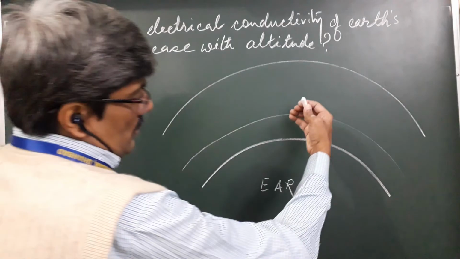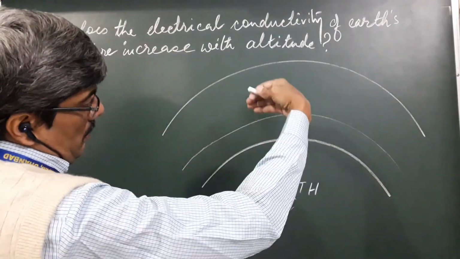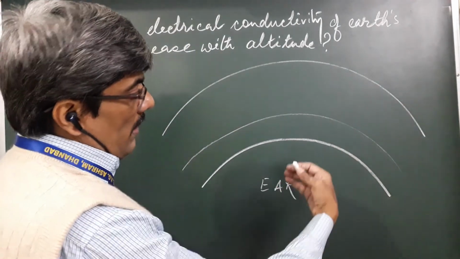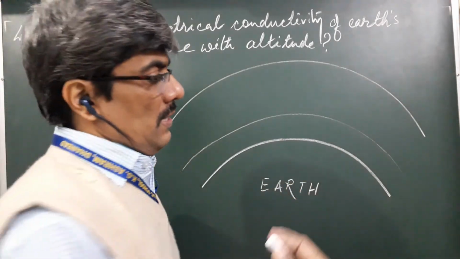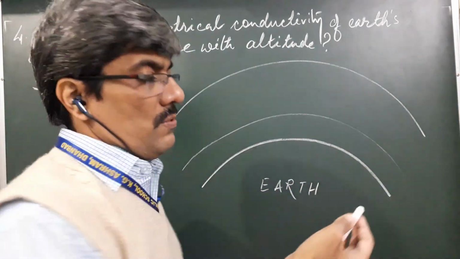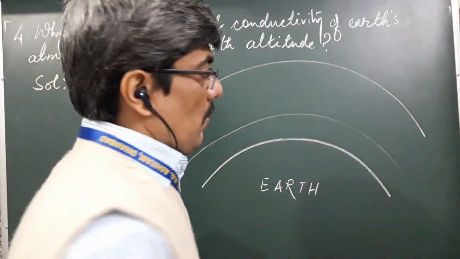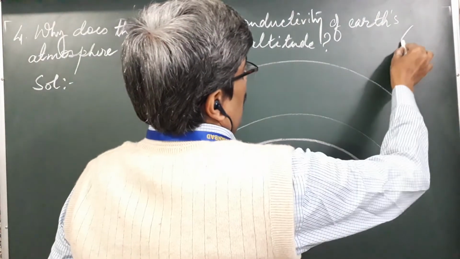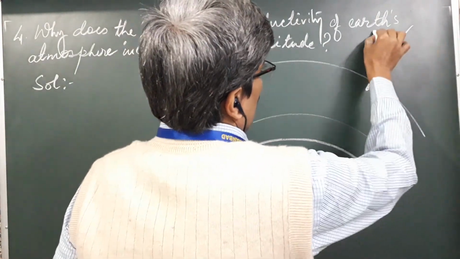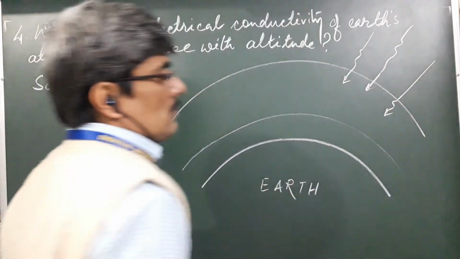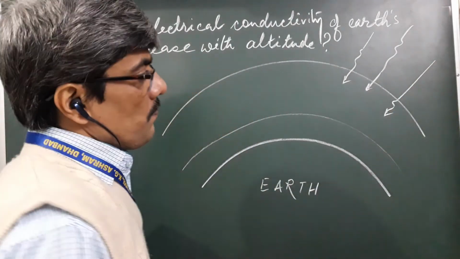These are the lower levels of the atmosphere. The altitude is less, where the pressure is high, and at the same time the density of the gases or the atmosphere is high. Now, there are highly energetic rays from space.